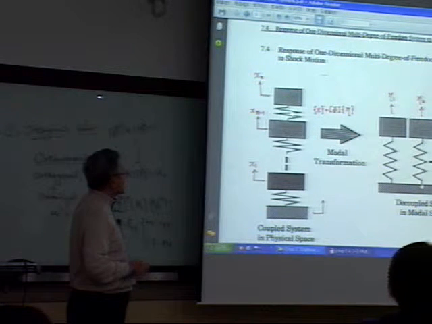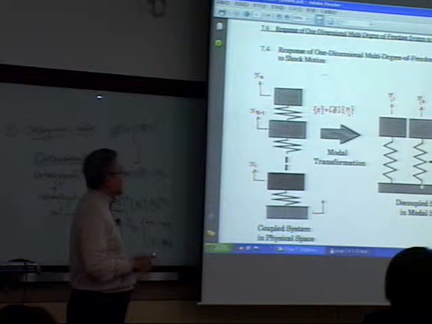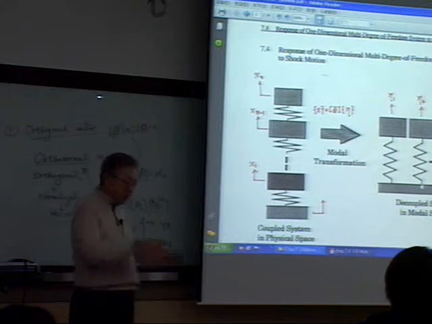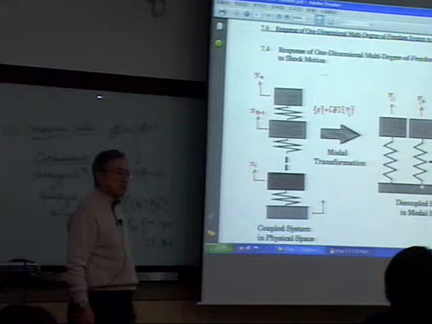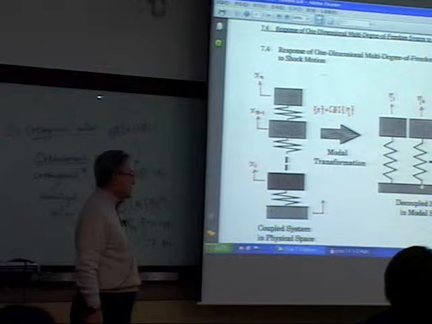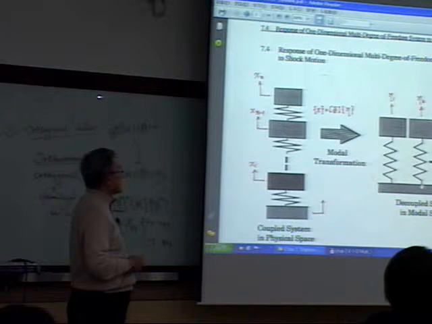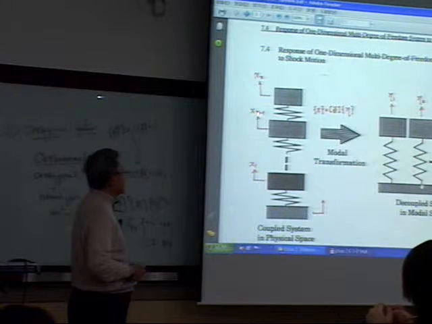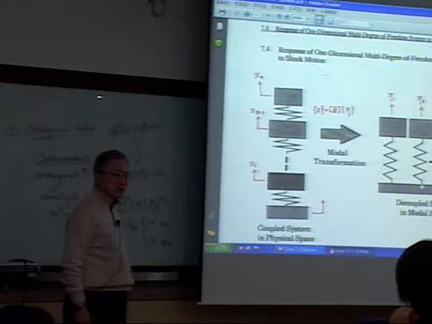Let's say there are n different masses within one cabinet. One shipboard equipment broken down into n different components, with masses x1 all the way to xn.